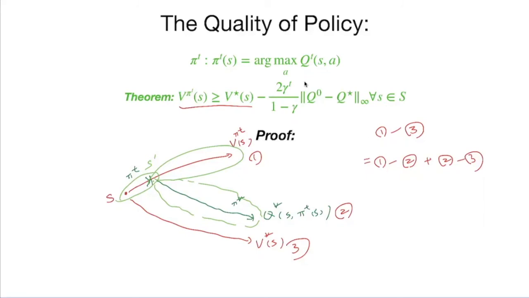This suggests that we can do recursion here. We started at state s looking at the difference between 1 and 3. Now we've moved one step further to s prime, and we care about the difference between these two new segments originating from s prime. This puts us back in a situation that looks almost the same as the one we faced at the original state s.